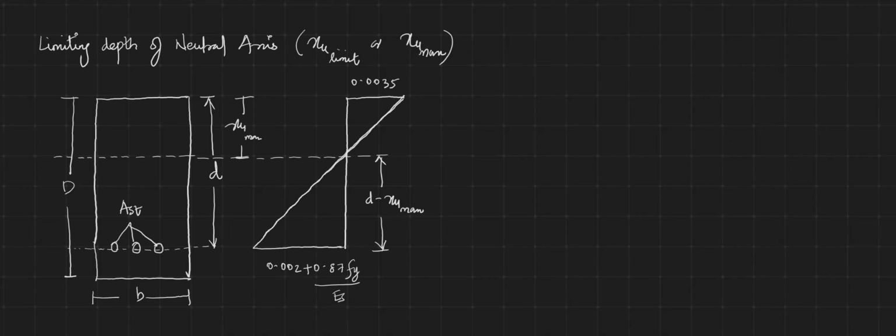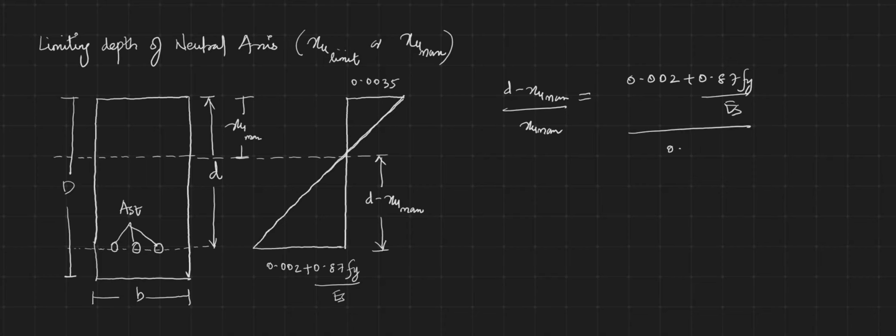Now if I consider the similarity of triangles, I could write (d minus XU max) by XU max is equal to (0.002 plus 0.87 Fy by Es) divided by 0.0035.